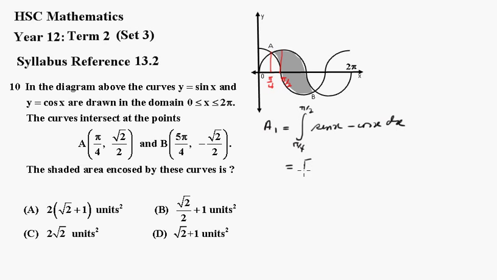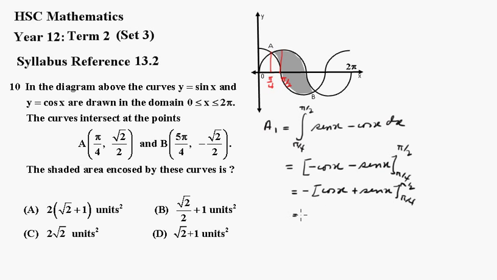Okay, it's going to be equal to, now integrating sine, you get minus cos. This becomes sine, between pi upon 2 and pi upon 4. Take out that minus sign for convenience. Now I've got the cos of x plus the sine of x between pi upon 2 and pi upon 4.